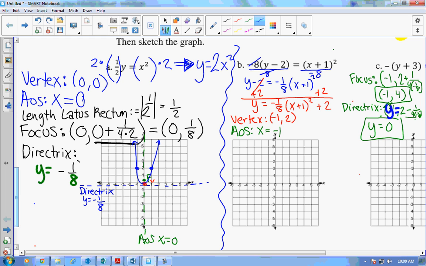What? It says y equals 0. No, because 2 plus, oh, it was -2. Oh, it's backwards. Okay, so just label this one directrix.